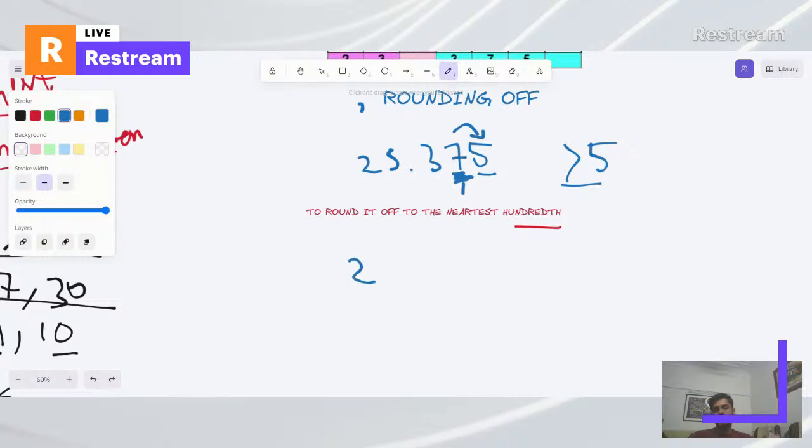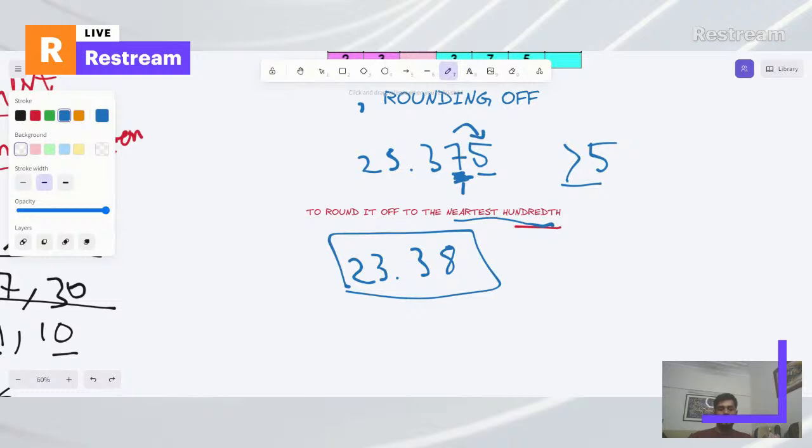So the final answer would be 23.38. This is what we mean when we say to the nearest hundredth, right? It's going to be 23.38. All right, so this is going to be the answer.